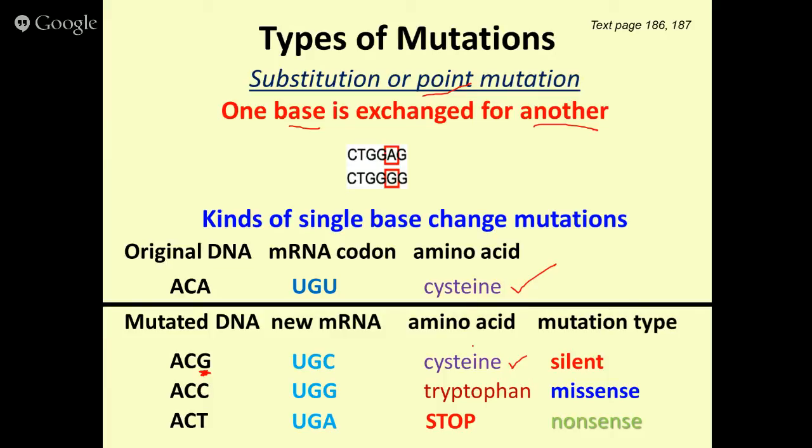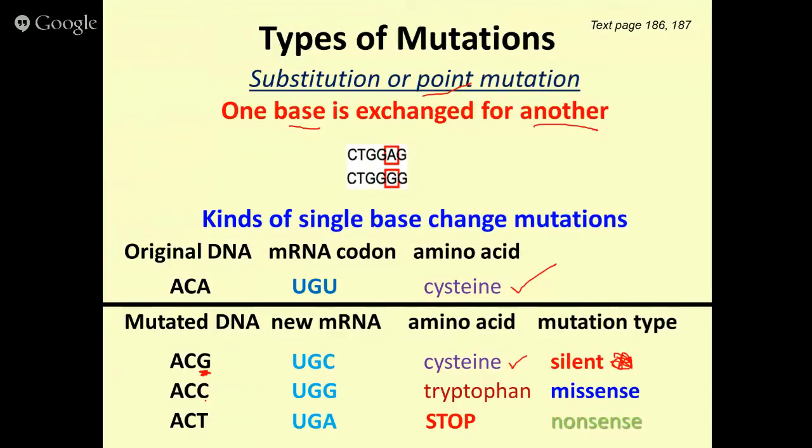So it's the same amino acid. Even though the messenger RNA changed, we still got the right amino acid in the right place. So this would be called a silent mutation, because even though the DNA changed and we have a slight error there, we still ended up with the right amino acid and a fully functioning protein. So you wouldn't even notice that this had happened inside your cell.